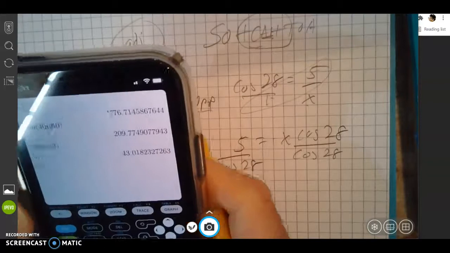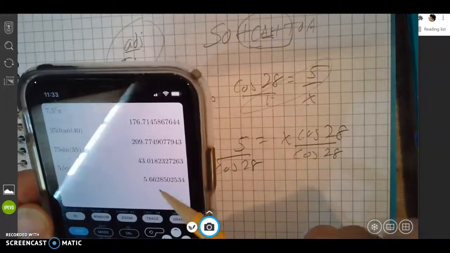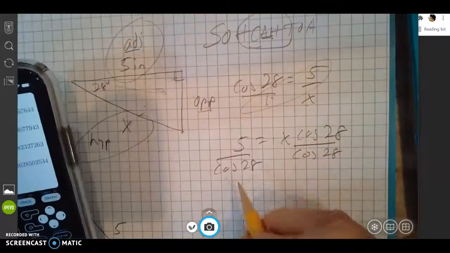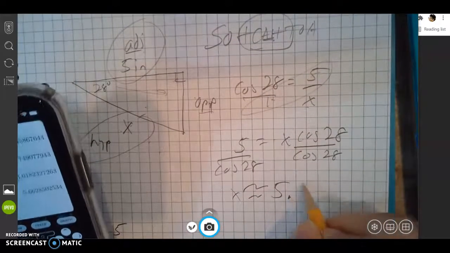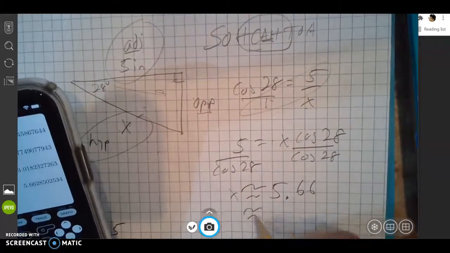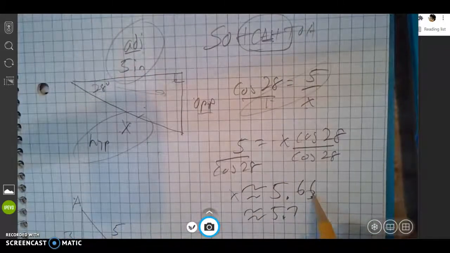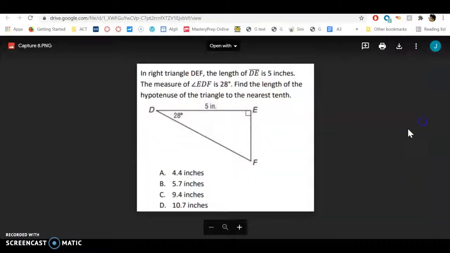And I get about 5.66. So x is approximately 5.66, which to the nearest tenth would be 5.7, because the hundredths place is bigger than 4. So 5.7, B. There you go.